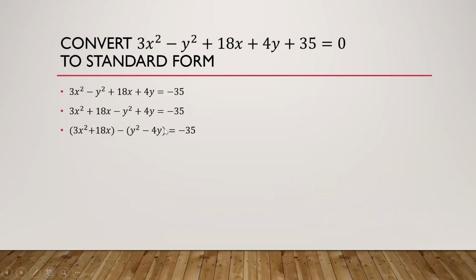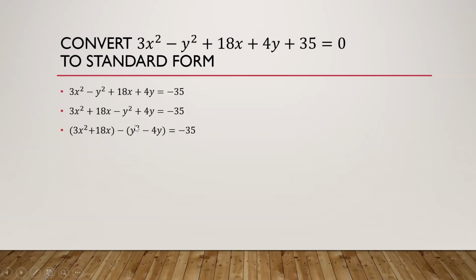So when the y squared, or the variable right here, is negative, we have to make it positive. To do that, we have to factor out the negative sign. So it also affects the succeeding term, which is 4y.